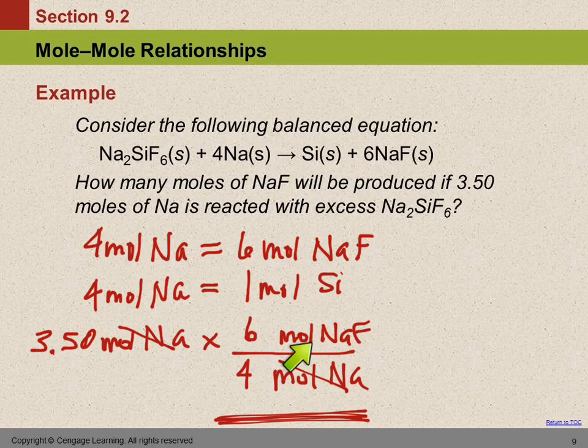So in your equation, you've got moles NaF, you write the number 6. And then you get out your calculator, which I forgot to get out. And we've got 3.5 times 6 divided by 4. And the calculator is going to give us the answer, 5.25 moles of sodium fluoride.